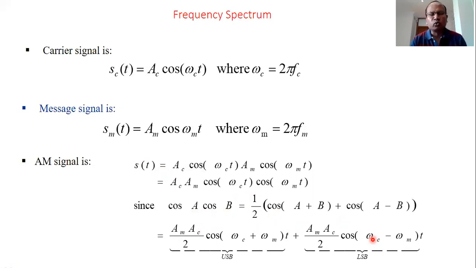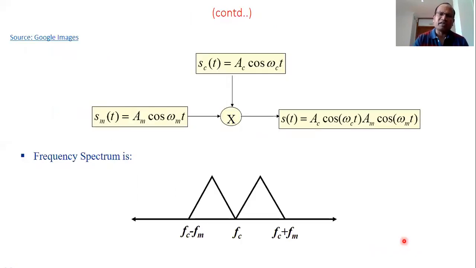These are two sidebands, located at omega c plus omega m and omega c minus omega m respectively. We can also say fc plus fm and fc minus fm when we represent in terms of ordinary frequency. In terms of angular frequency, omega c plus omega m and omega c minus omega m are the two components' positions.